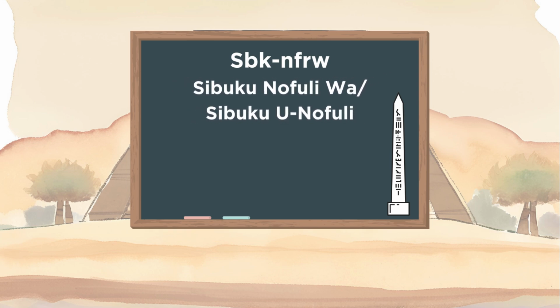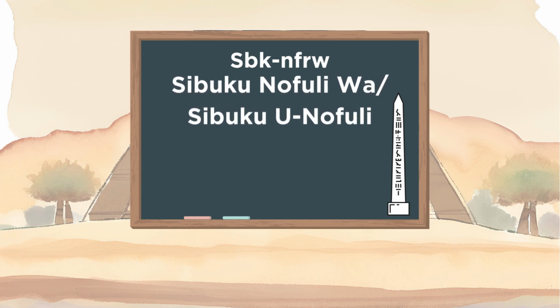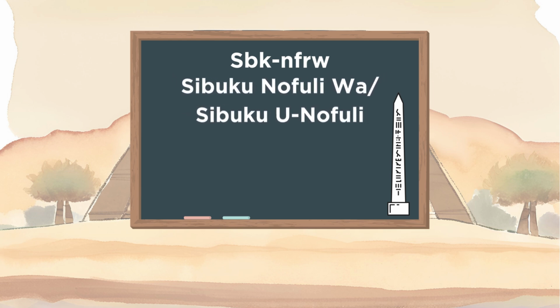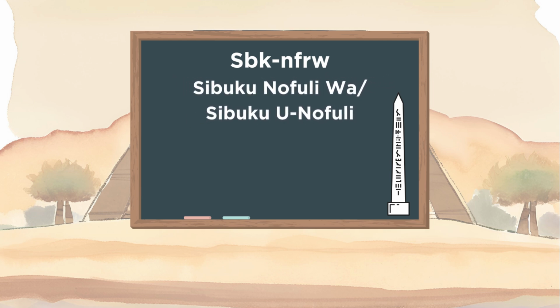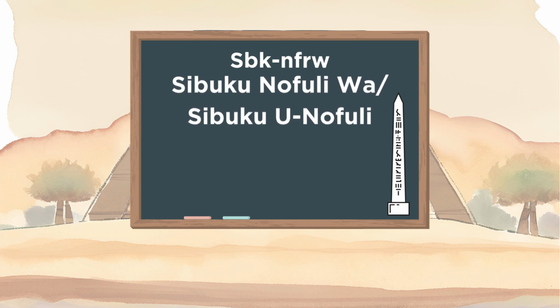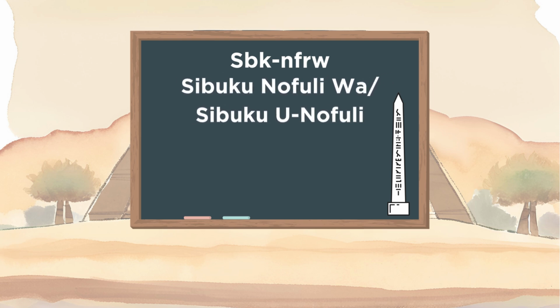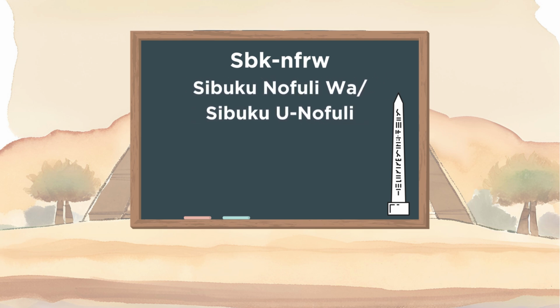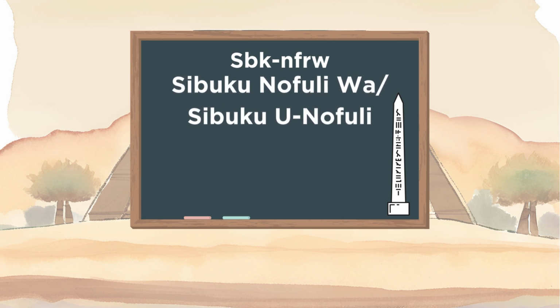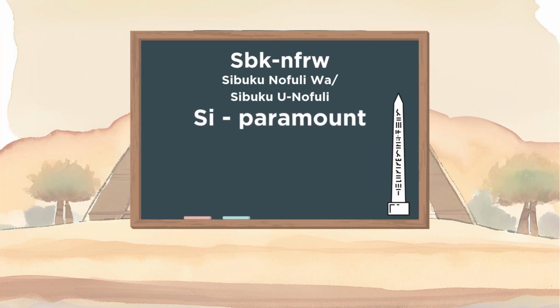Sibugu or Sibuku is the title for a lord or lady, which is also found at the Great Zimbabwe ruins and is represented by the crocodile symbol. Si is a synonym for paramount. This is the same Si sound heard in Nkosi or Zimbabwe.